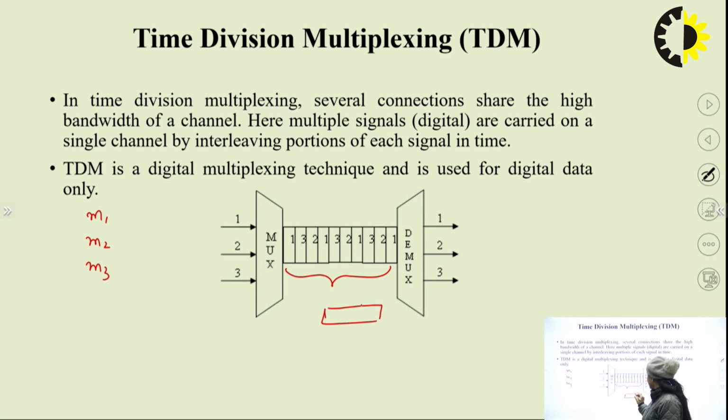My first frame would consist of sample 1 of message 1, then sample 1 of message 2, and then sample 1 of message 3, followed by sample 2 of message 1, sample 2 of message 2, and sample 2 of message 3.